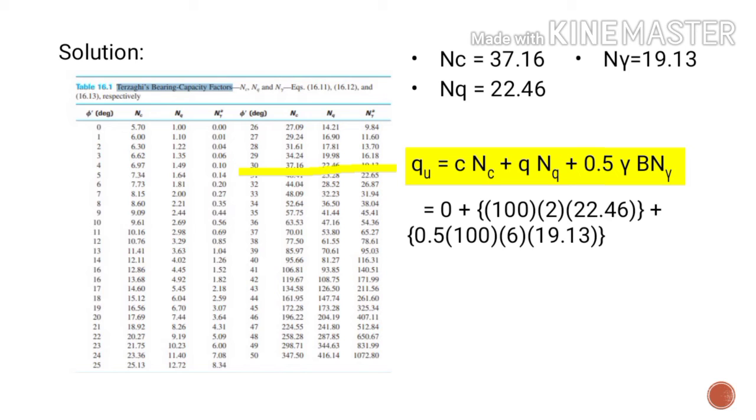After substituting all the given values, we get 10,231 pounds per square feet.